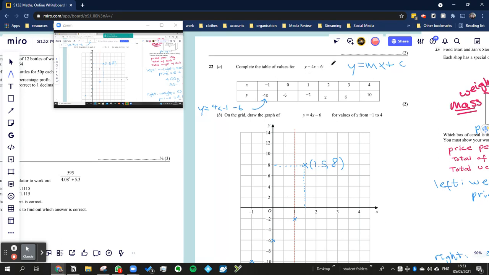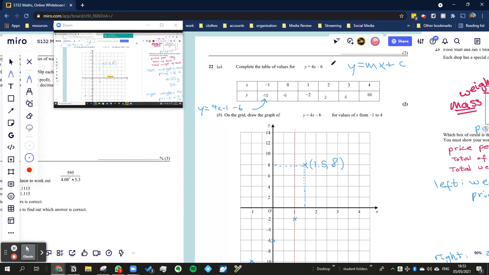And because x is not x squared or x cubed or 1 over x, it's like this equation. And so that means that it is a straight line graph. So I can predict the rest of them.